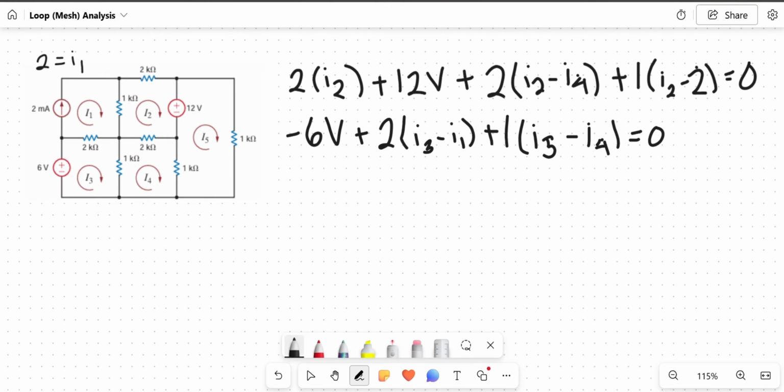For the next equation over here, we're going to start I4 from here. I4 is entering the 1 kiloohm, while I3 is going against it.